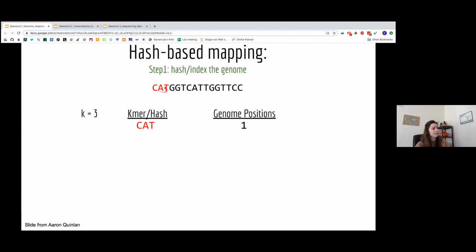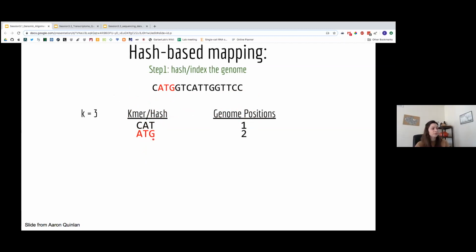So the first word in this genome will be CAT. And we annotate in the index what are the genomic positions where we see this particular word. In this case, the first time we see it is in position 1, and we just walk over one base and continue writing down the different words that we have.